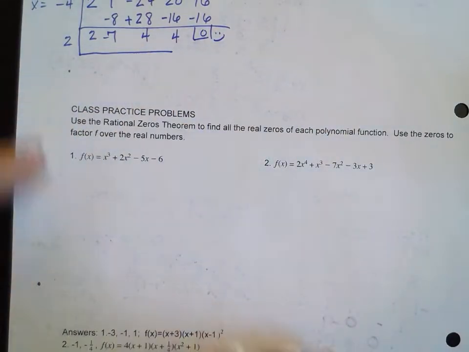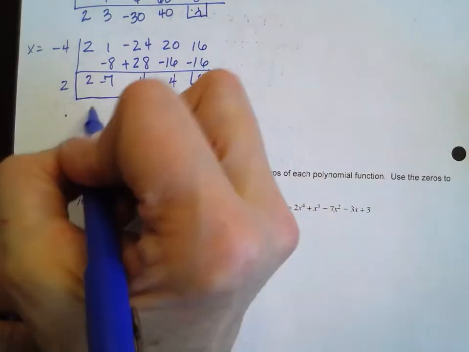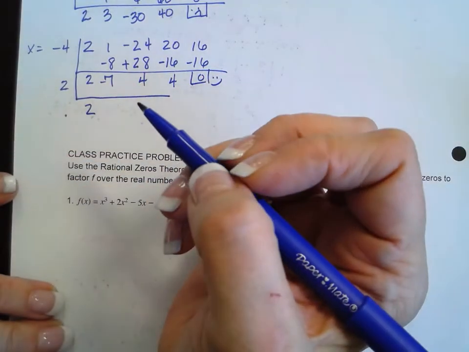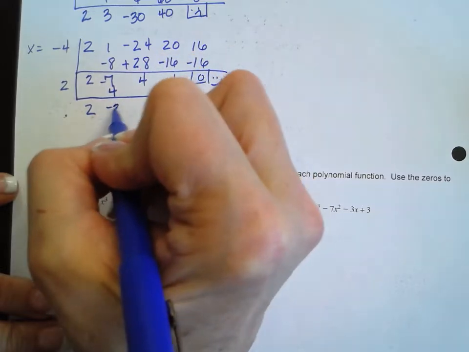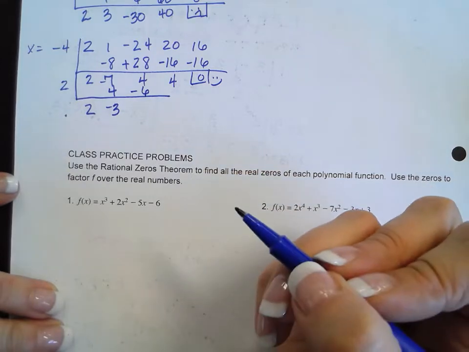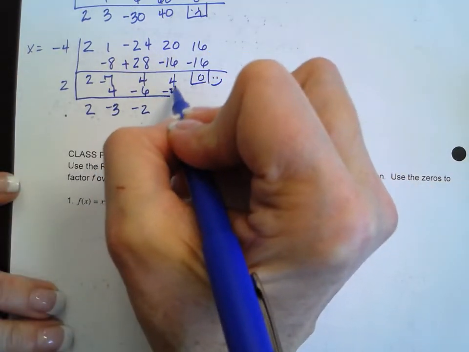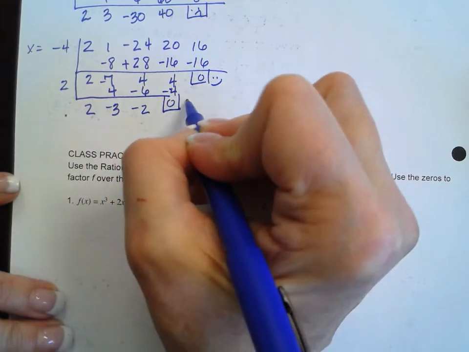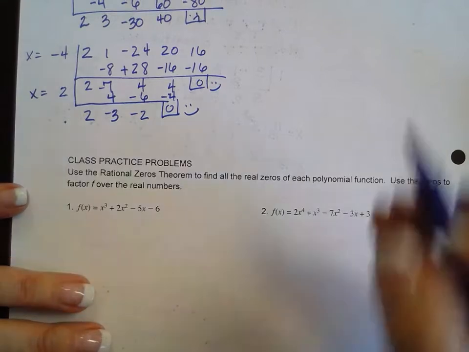With these 4s, it seems like it would divide out, so I could be wrong, but let's try it. 2 times 2 is 4, that gives me negative 3. That gives me negative 6. Oh, look at this. Negative 2 times 2, that's going to give me negative 4. So I have a root at x equals 2.